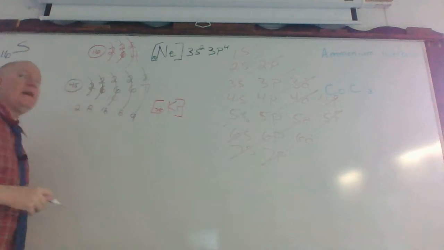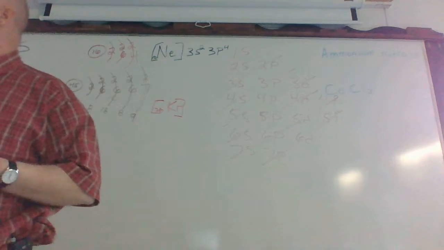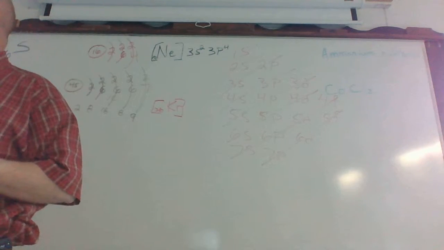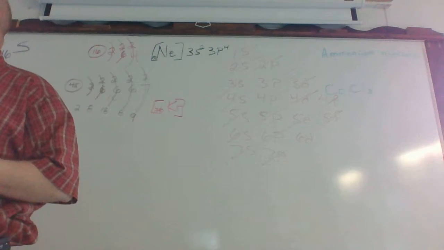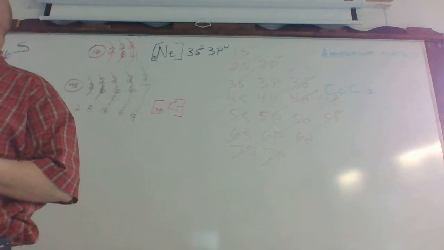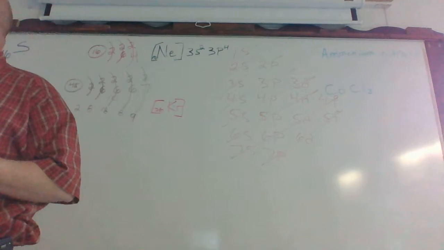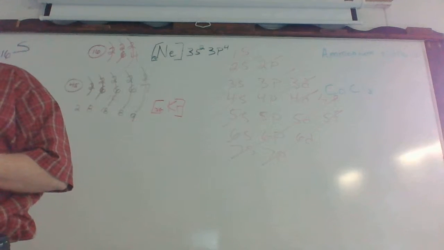So once we've got that figured out, another thing you can do is when you find krypton right here, D block elements don't follow these periods very well, but S and P blocks do. So krypton is in which period? The 4th.